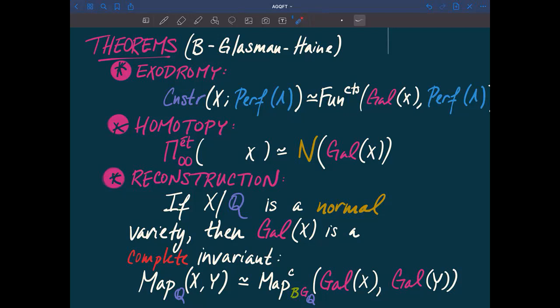I mean, you can even be more... So one way to think about this reconstruction theorem, let's just think about the case of curves for a minute. You can take a curve of, say, genus G, and extract from it the corresponding Riemann surface, and look at that Riemann surface stratified over the Zariski topological space.